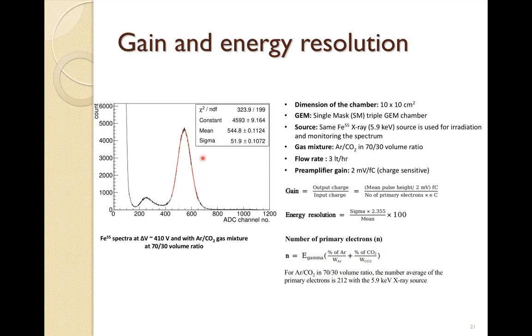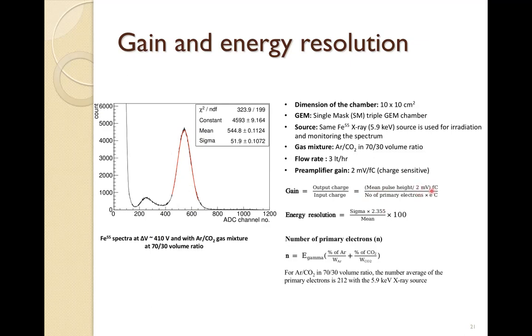And when this is collected, finally I see the spectrum, and in the output I get the output charge from the spectrum, using this formula, and this is the mean. Then I use the preamplifier gain.